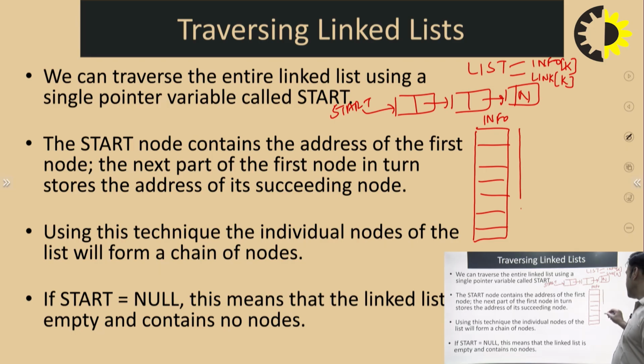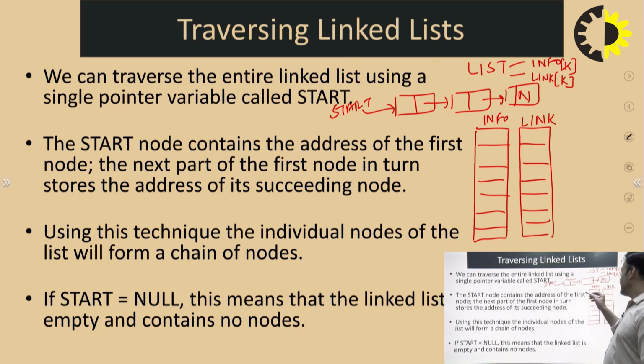Second, this is my second linear array. Its name is link. So we have some index positions, for example 100, 101, 102, 103, 104, 105. These are the addresses.